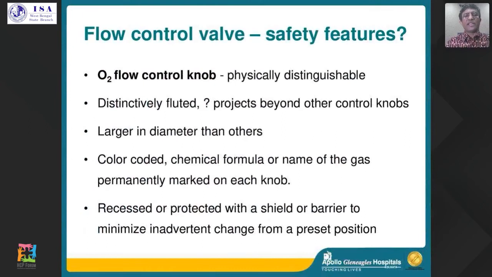The safety feature, especially for oxygen, is that it is physically distinguishable, it is distinctively fluted, and it projects beyond the other control knobs. So the first thing that you reach to would be the oxygen. It is larger in diameter than the others. I talked about color coding and the chemical formula, and it is recessed or protected by a shield so that when you are moving your hand or putting something over there, you hopefully cannot inadvertently change the position of the flow control valves.